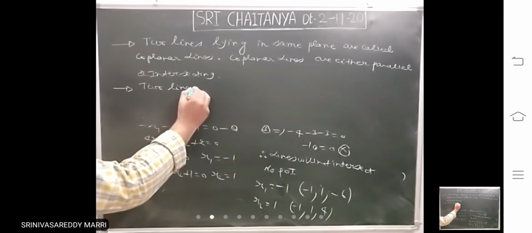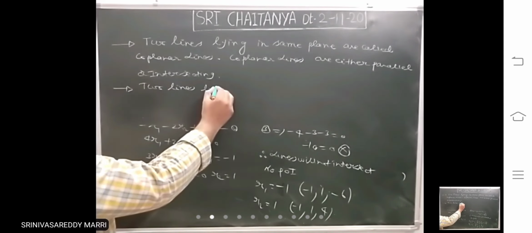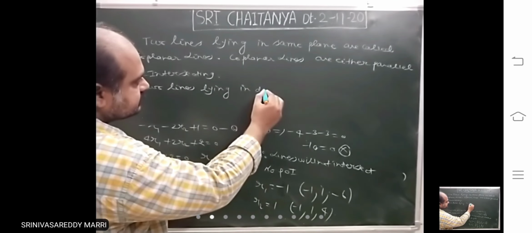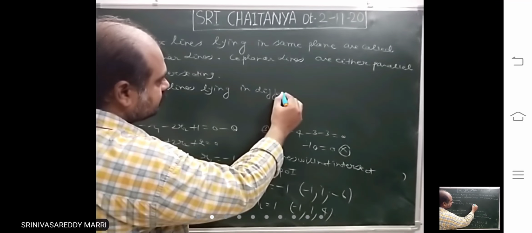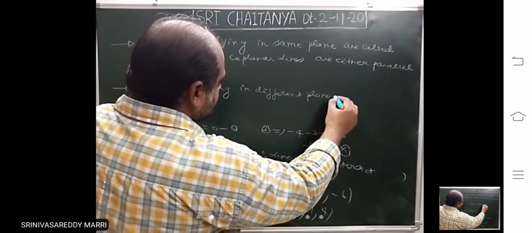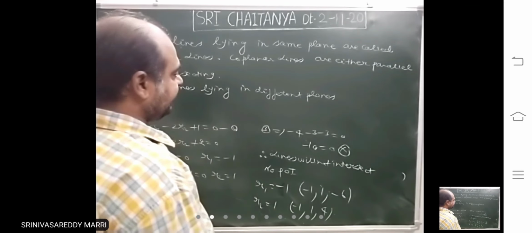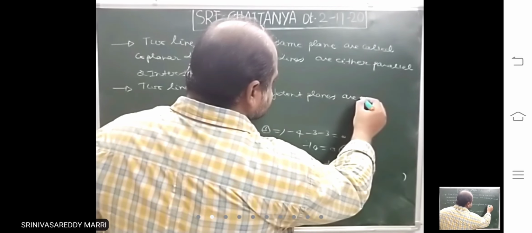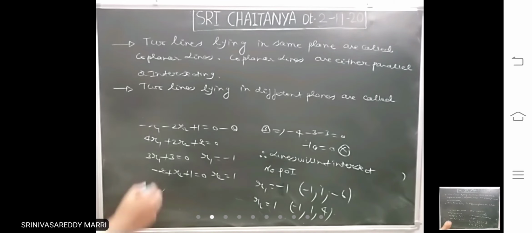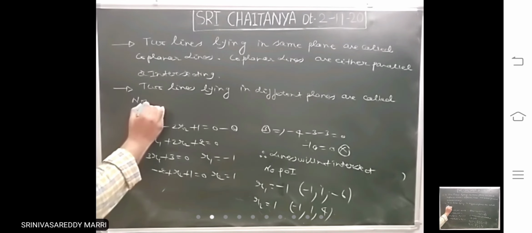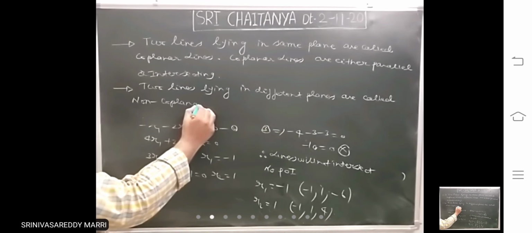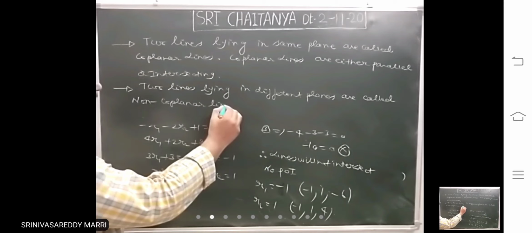Two lines lying in different planes are called non-coplanar lines.